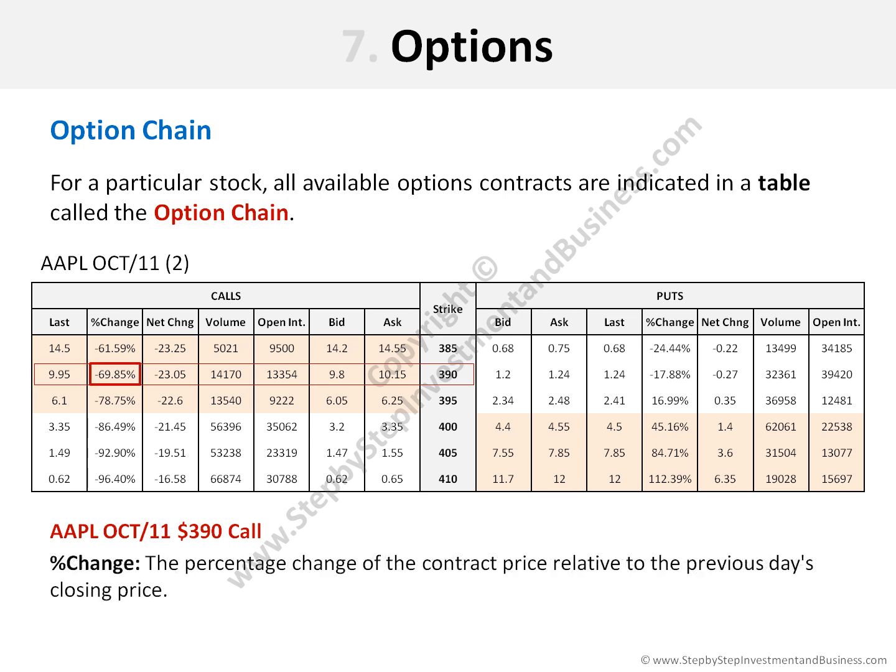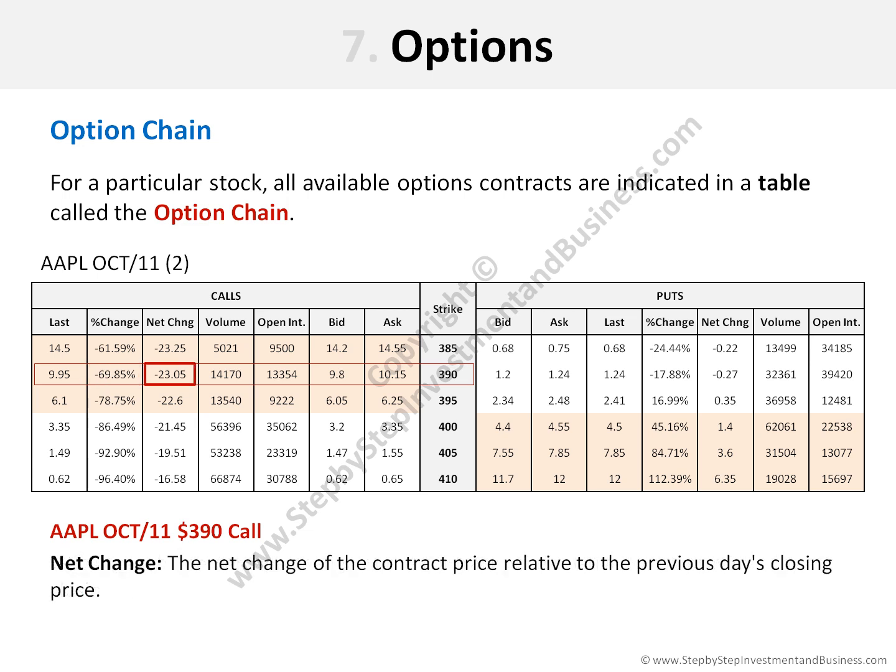The second column indicates the percentage change of the contract price relative to the previous day's closing price. In this case, the contract price fell almost 70% relative to the previous day's closing price. On the other hand, the third column indicates the net change of the contract price relative to the previous day's closing price.